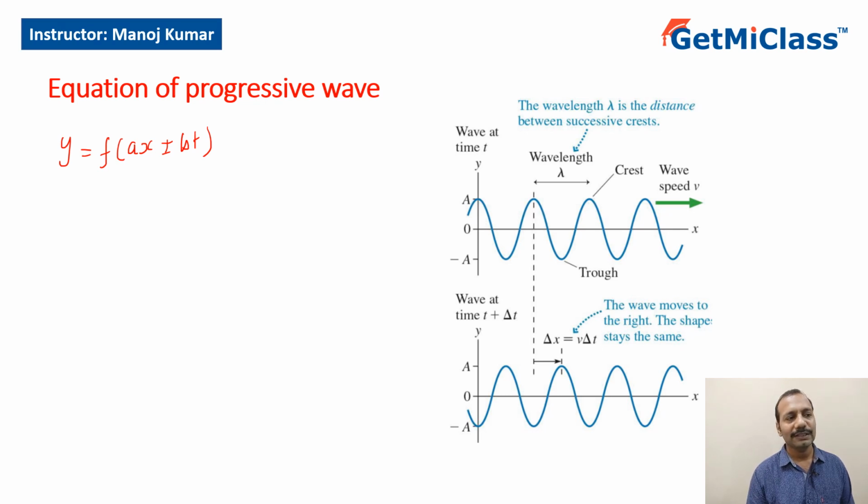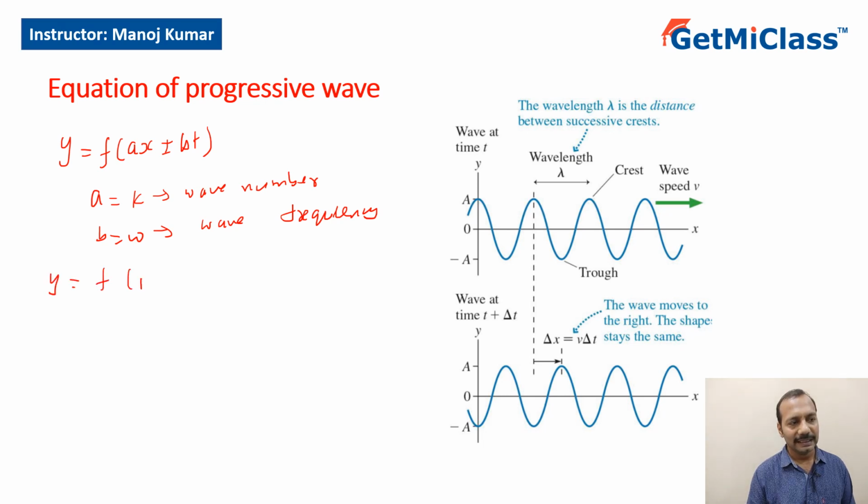Now the coefficient of x, a, which is represented by k, is called the wave number. B, which is given by omega, is called the wave frequency, right? So in that way I can write y should be a function of kx plus or minus omega t.